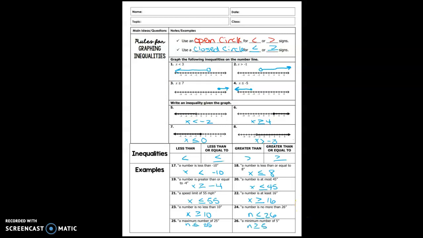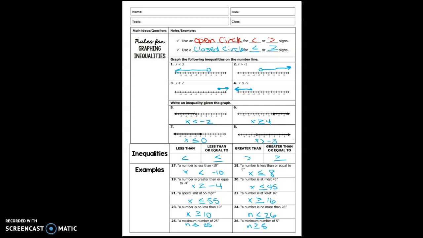For 24, hopefully you have n is less than or equal to 26. For 25, n is less than or equal to 25. For 26, n is greater than or equal to 5.